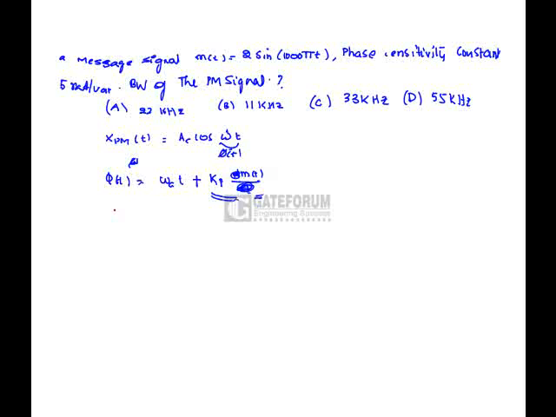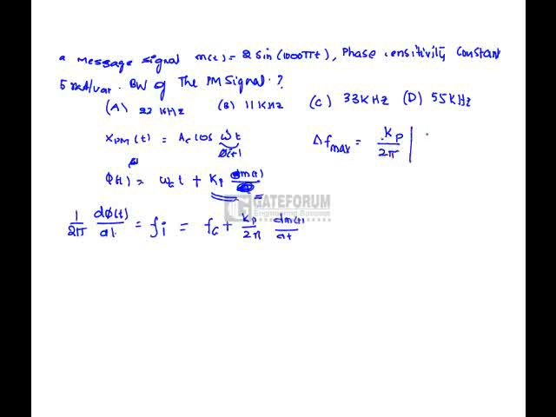So here (1/2π) dφ(t)/dt is the instantaneous frequency, which is equal to fc plus (kp/2π) dm(t)/dt. So here Δf max, which is the maximum frequency deviation, is equal to (kp/2π) |dm(t)/dt| max.